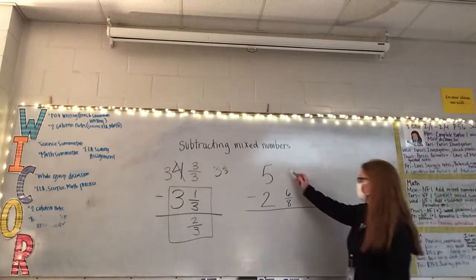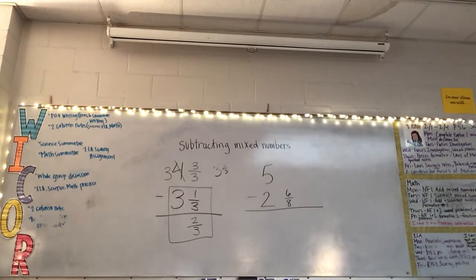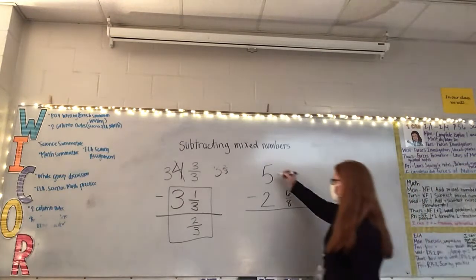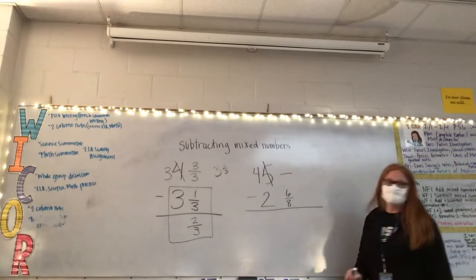Can I walk in with nothing and you come over and get 6/8 of it? No. Nope, we can't. Okay, so Kyle, I'm going to regroup from the 5. What does the 5 become? 4. The 5 becomes a 4, and we're going to have a fraction here.